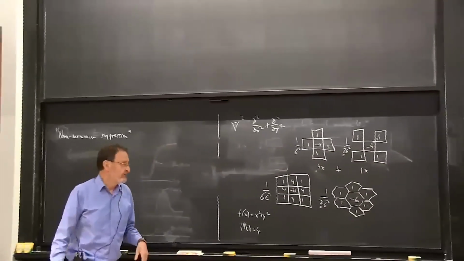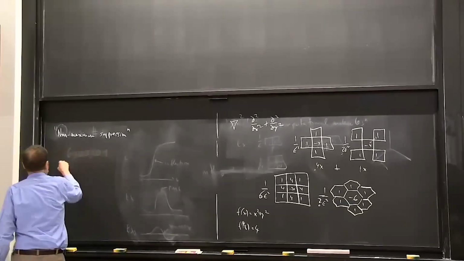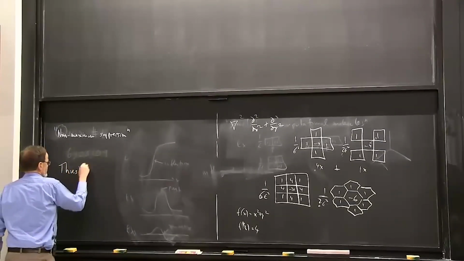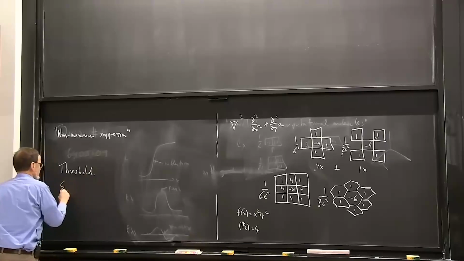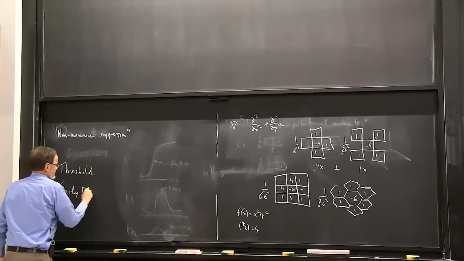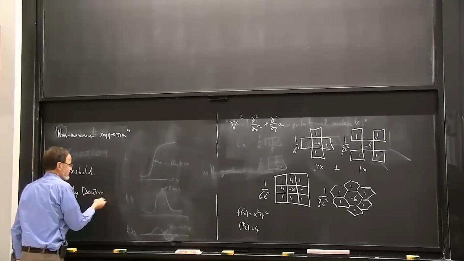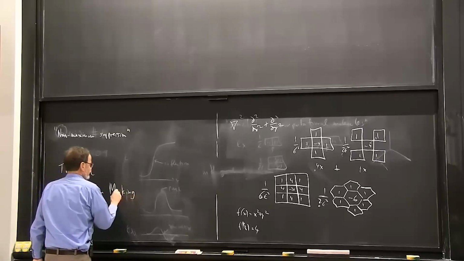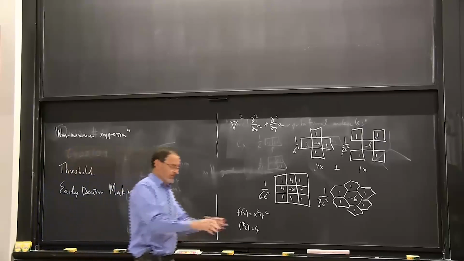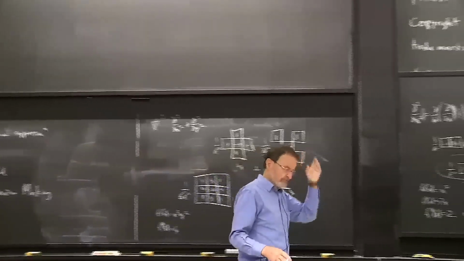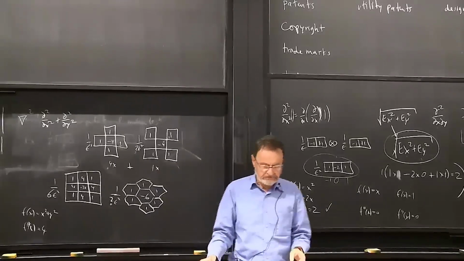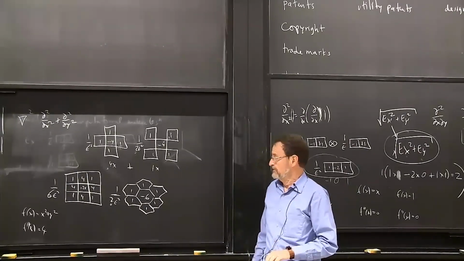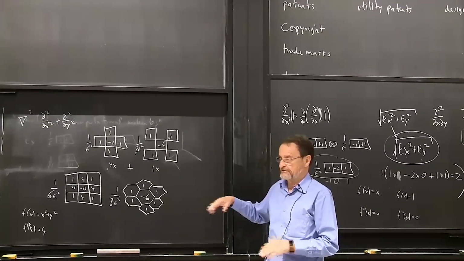Well, that involves early decision making. Because once you've made that decision, that's it. You'll throw away that edge point and never do any computation with it again, because you've decided it's below threshold, or vice versa.